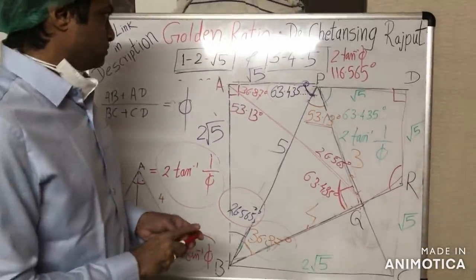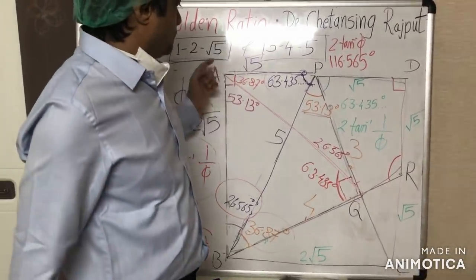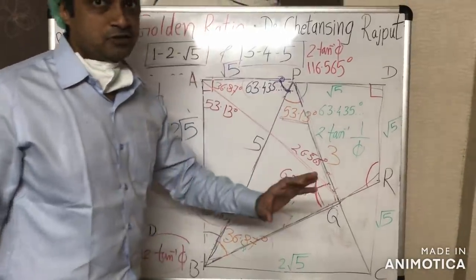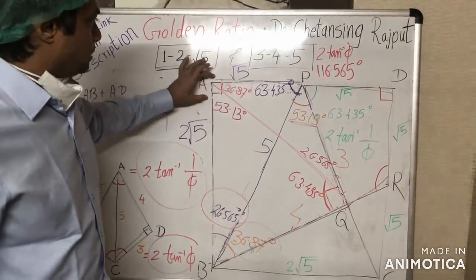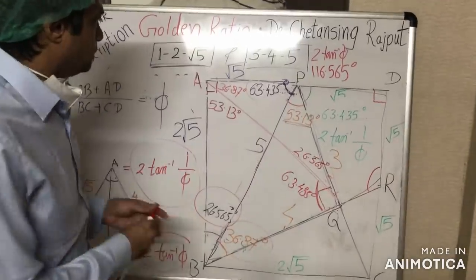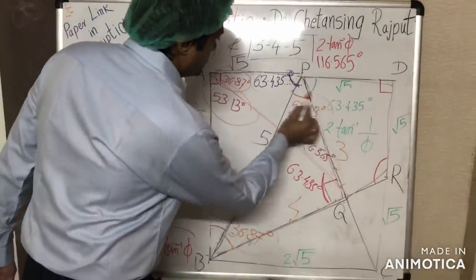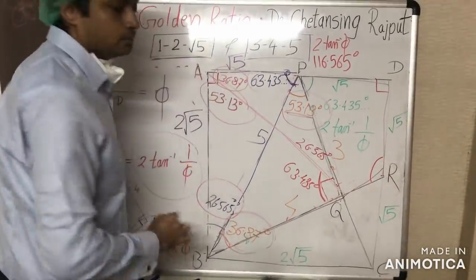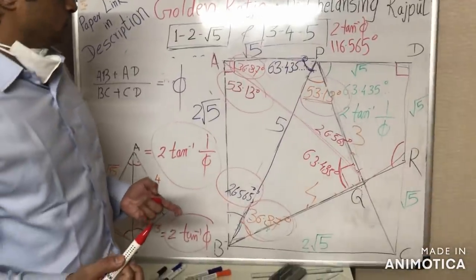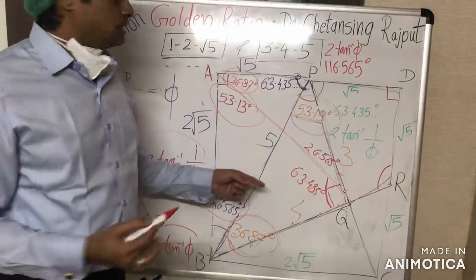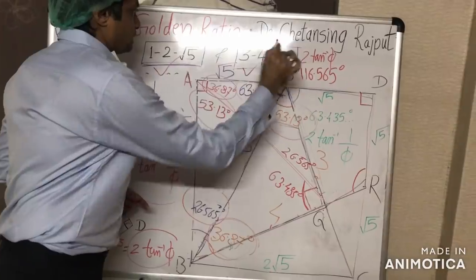In other words, the second diagonal AQ divides the right angle of the 1, 2, root 5 triangle into the two acute angles of the 3, 4, 5 Pythagorean triple, and vice versa. Such is the classical geometric intimacy between these two triangles.